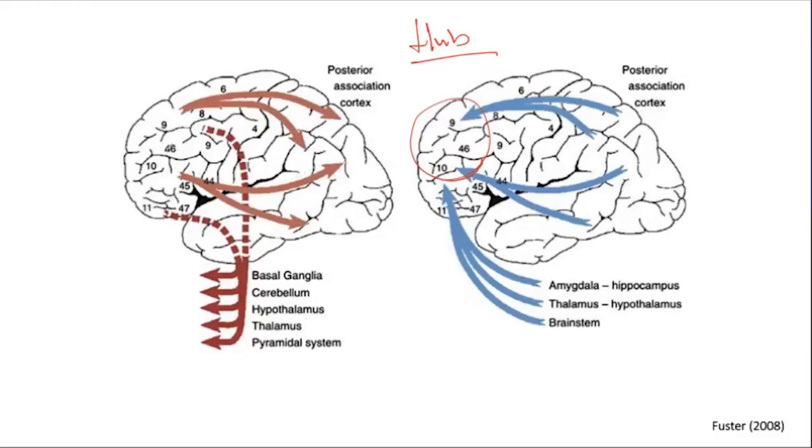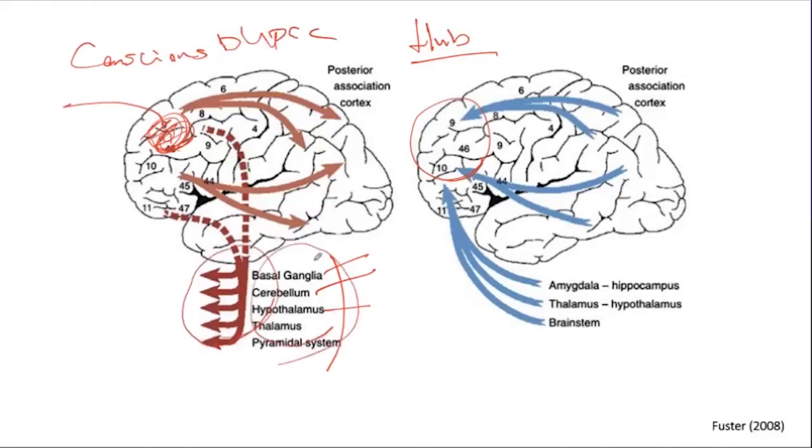And sometimes we have connections from the prefrontal cortex even to things like the hypothalamus and cerebellum and basal ganglia. And this is what we have been discussing before, in terms of how the conscious DLPFC might be able to have control over some of the non-conscious or subconscious or subliminal areas in the brain through what we call top-down control or top-down modulation. So these are the things that we have discussed before to some extent.